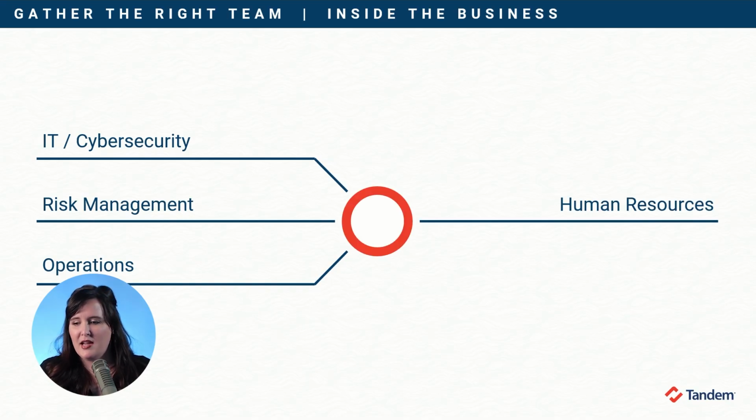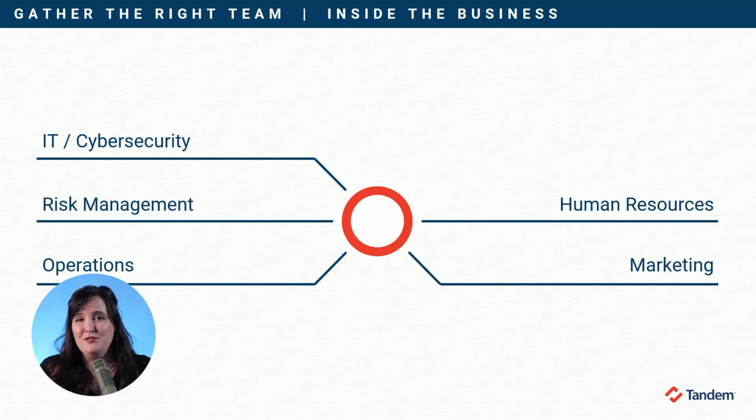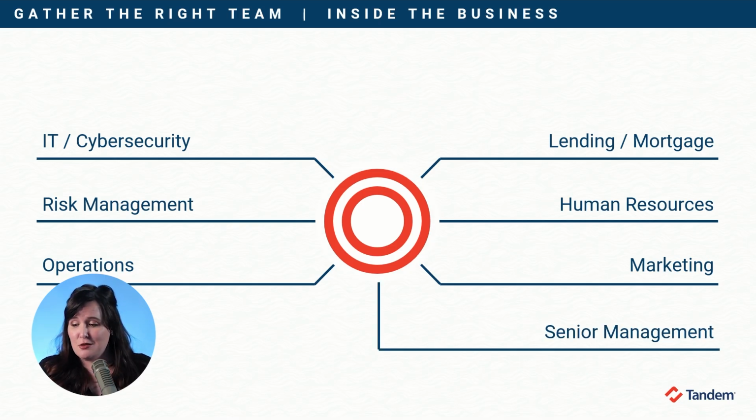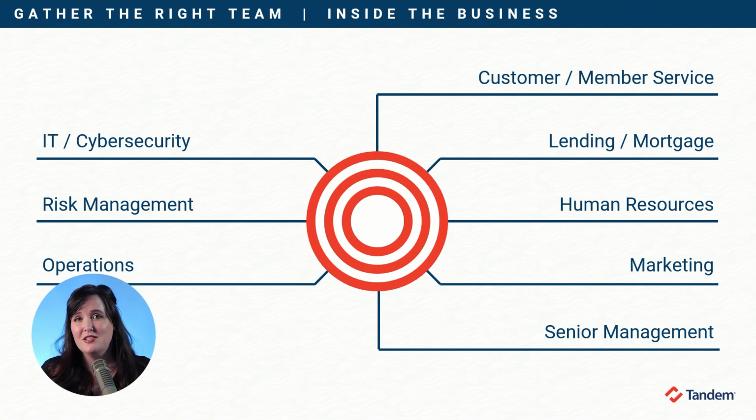What about negative comments on social media? Well, you'd probably need marketing involved. What about if your lending or mortgage records got breached? What if your organization needs to make a very public statement? What if your customer service team is taking calls from angry customers or the media about the incident? You get the idea.